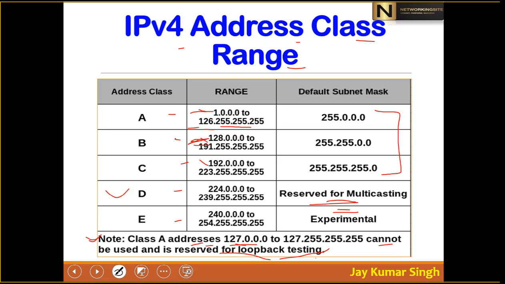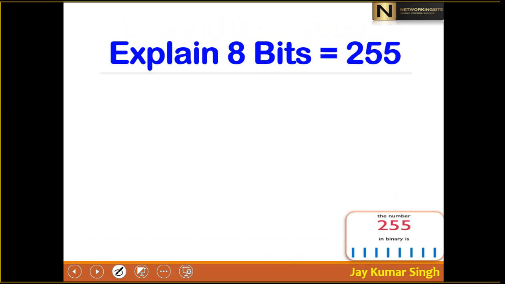On each and every device you will find that 127 is reserved for loopback testing. Now explain this 255, from where we got 255. Now in class A, how many bits are there?